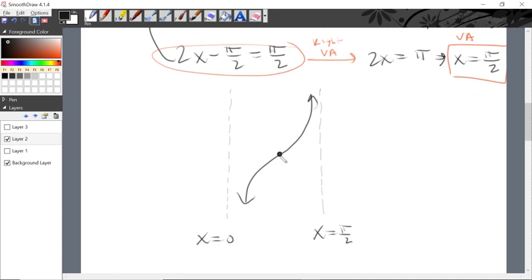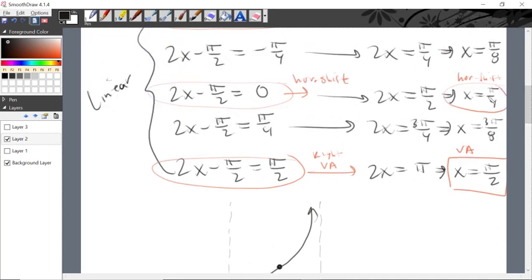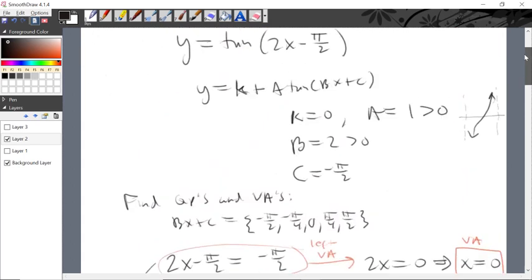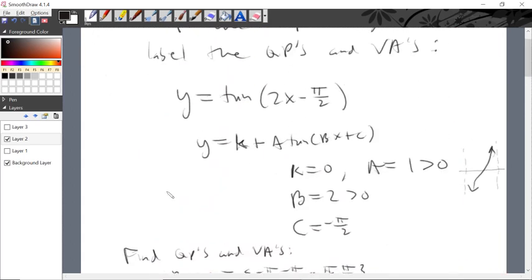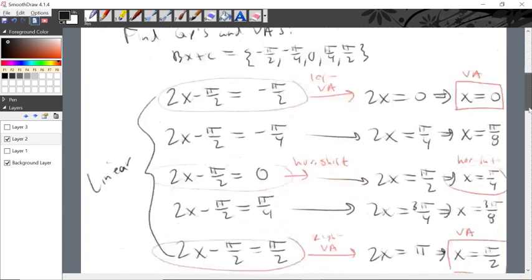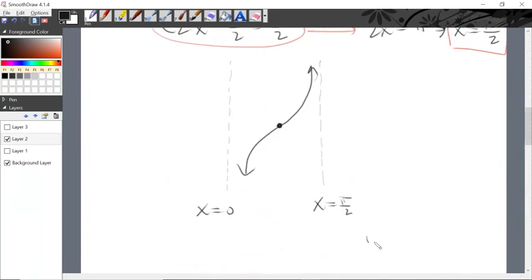Okay? We have a point in the center, okay, where x is equal to pi over 4, okay, by plugging into the function itself, right? Okay, plugging in pi over 4, right, we get y equals the tangent of 2 times pi over 4 minus pi over 2.